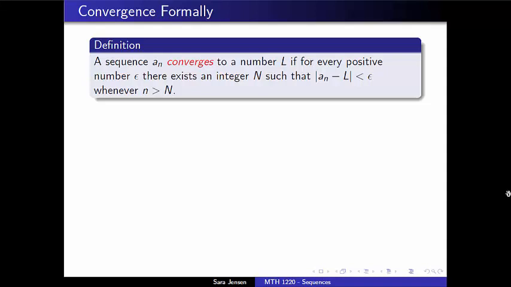So take a look at what it formally says, and then we're going to break it down bit by bit and relate it back to the things we've seen so far.